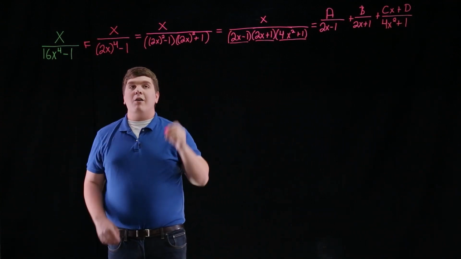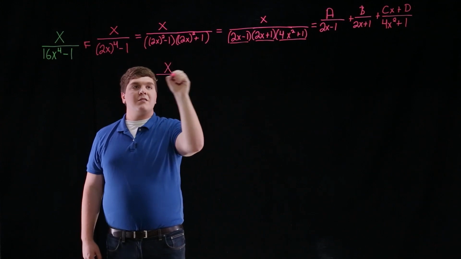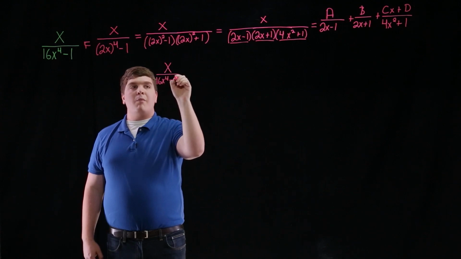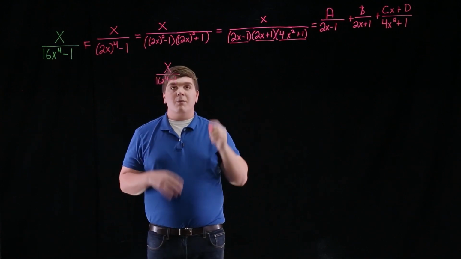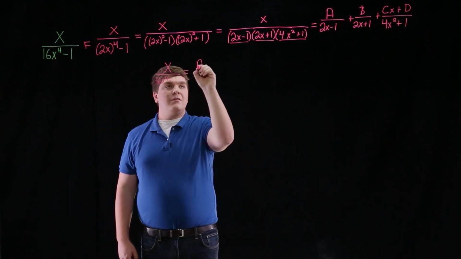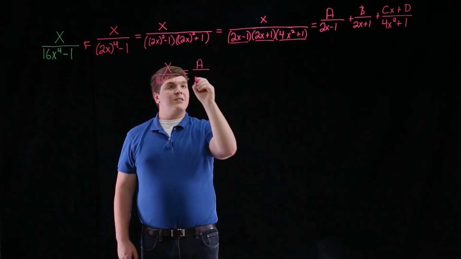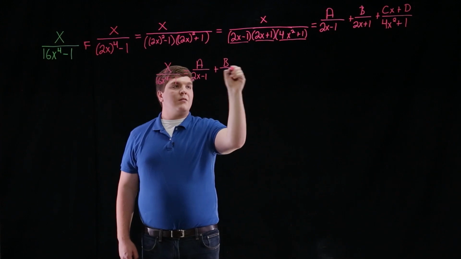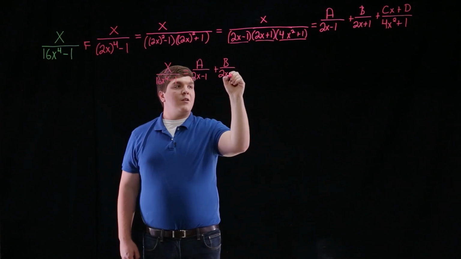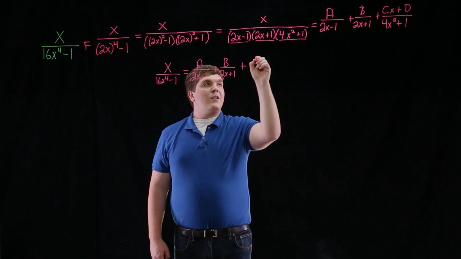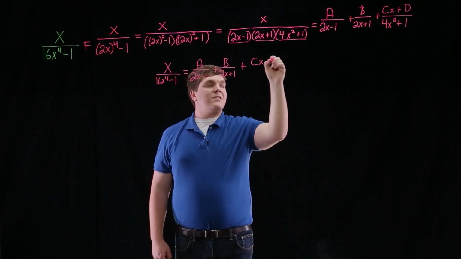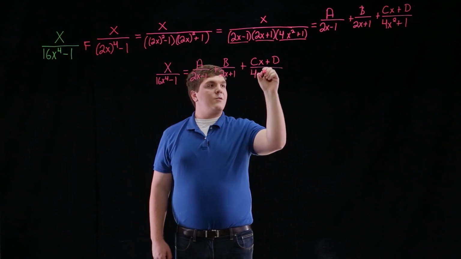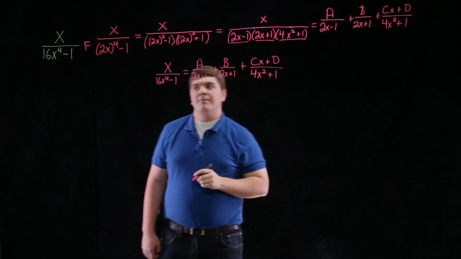So what we have is our original expression, x divided by 16x to the fourth minus 1, and we want to write this in the form a divided by 2x minus 1 plus b divided by 2x plus 1 plus cx plus d, all divided by 4x squared plus 1.